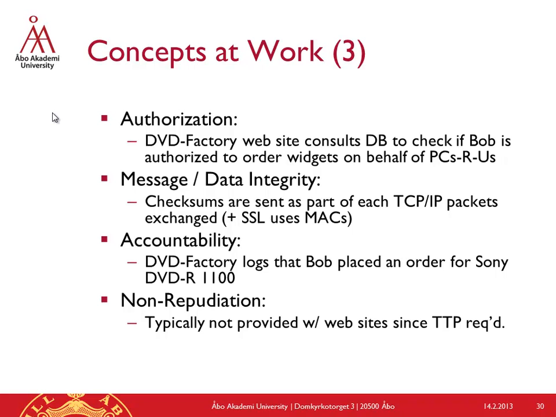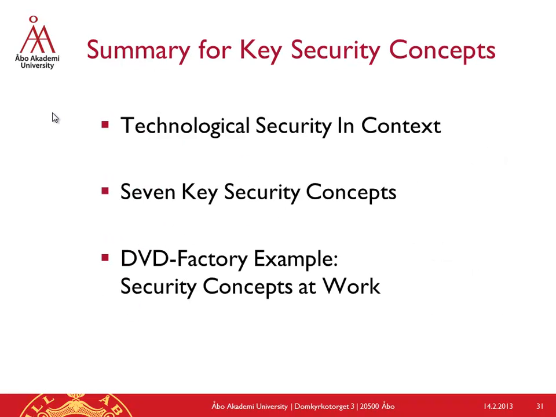That's why usually with websites this is not provided, because of laws. So for security concepts, we have 7 key security concepts. We were talking about this DVD Factory example.